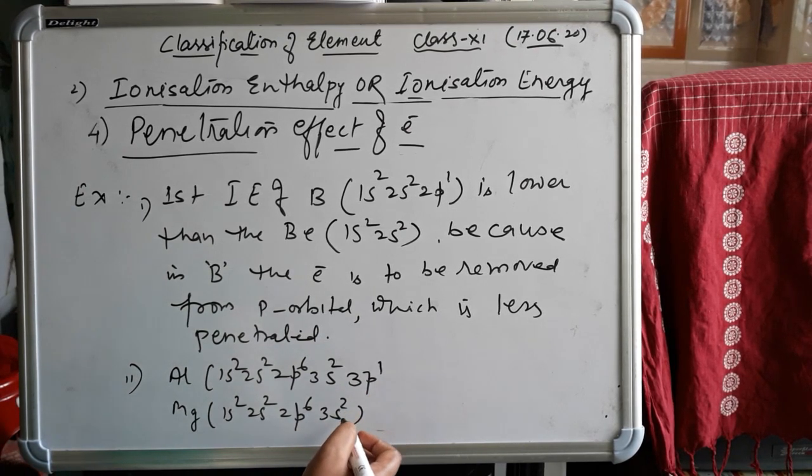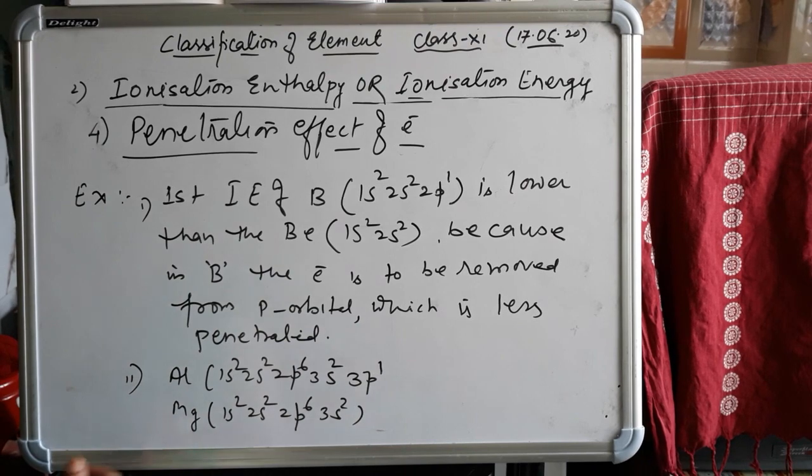The p orbital has less penetration, so the enthalpy is lesser than magnesium.